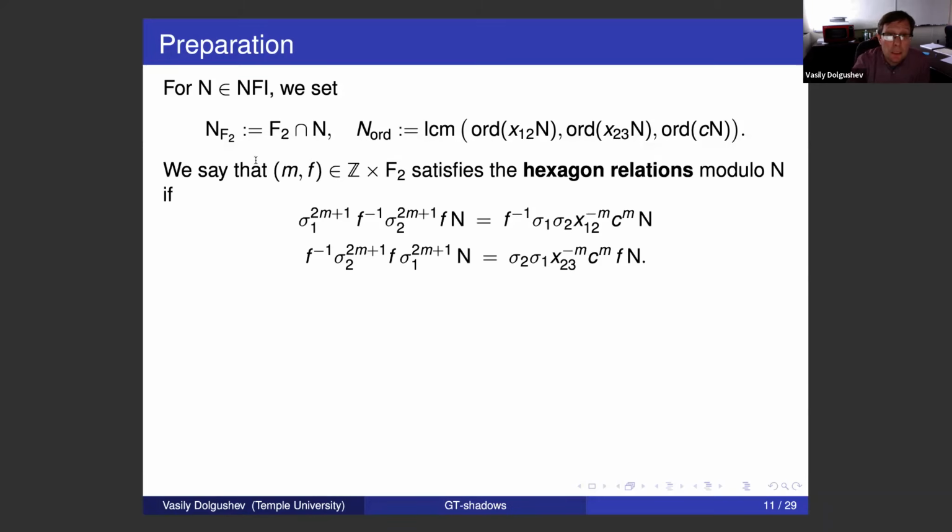They play an important role because if I have a pair (M, f), an integer and an element of N_F2, I'm going to say that this pair satisfies hexagon relations modulo N if I have this. If you see these relations the first time, you think they're highly unnatural. They just fell from the sky.